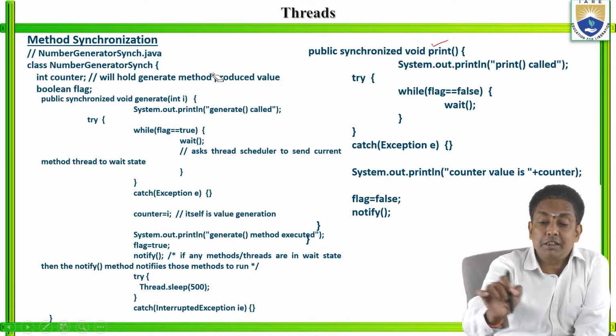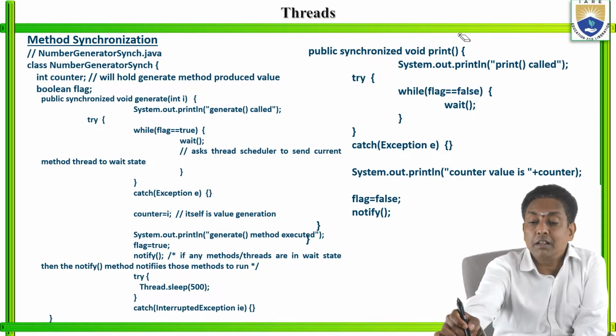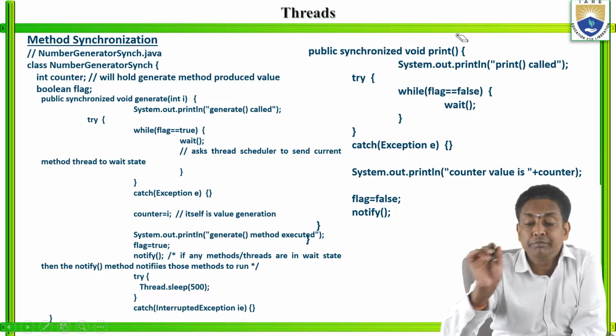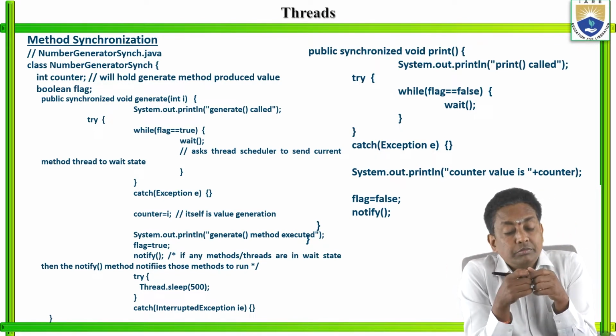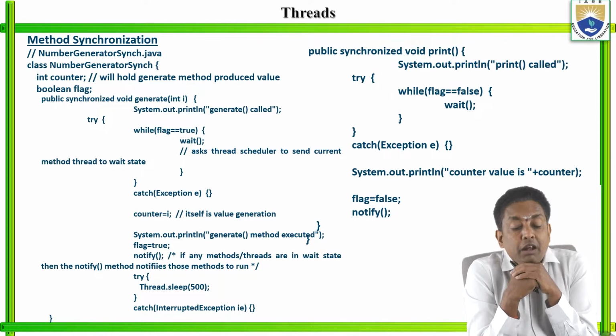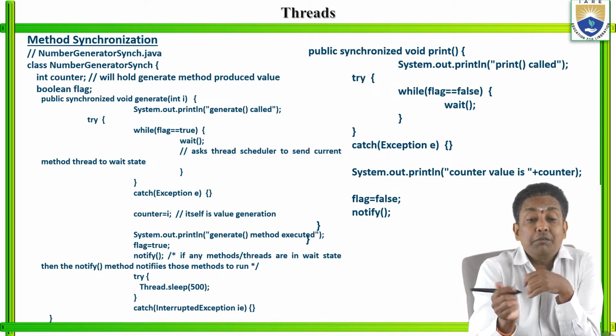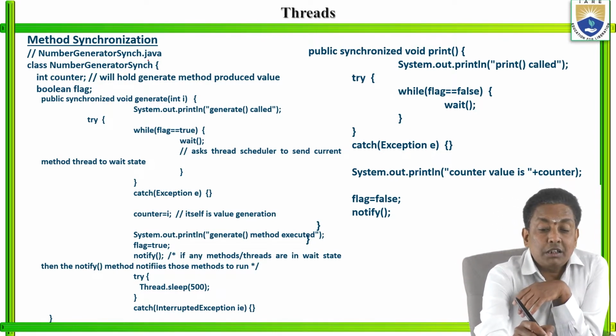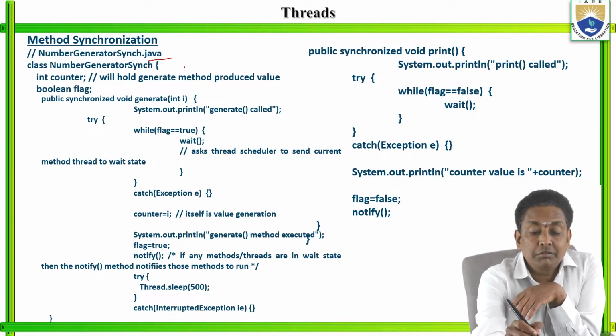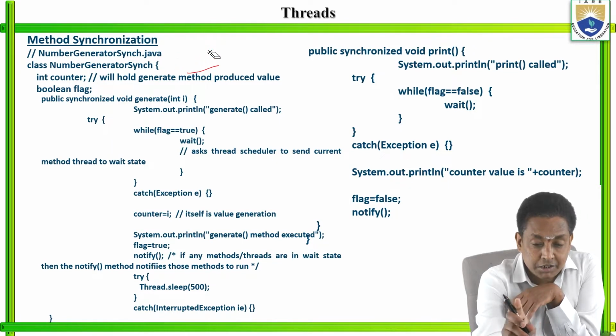Please observe the generate method and print method implementation for some time. After that, I'll explain. Here I named the class NumberGeneratorSynchronized, that means synchronized class, NGS.